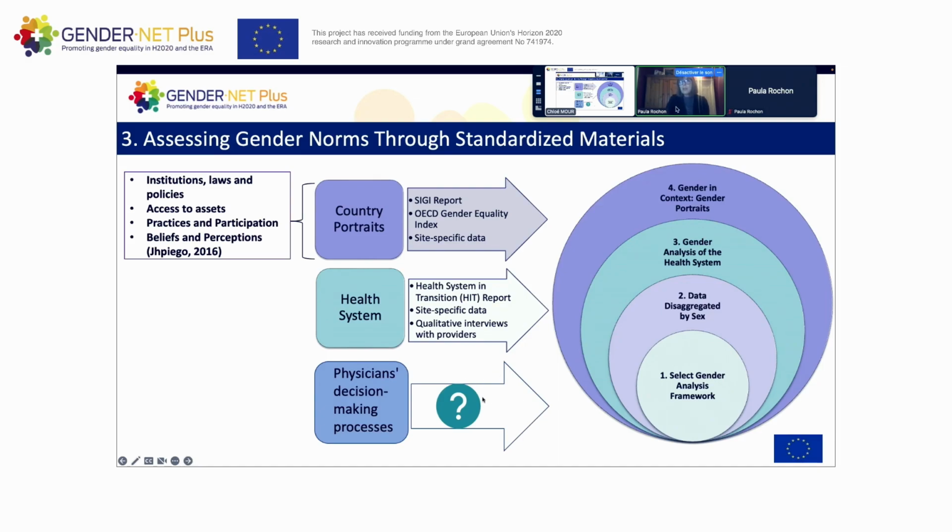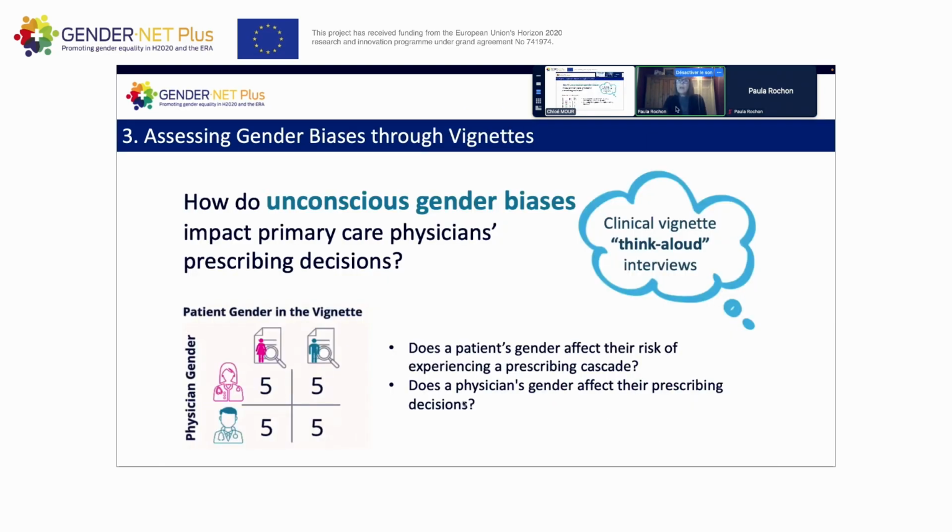But a piece that we saw that was missing was physicians' decision-making process. So we went on to look at how potentially unconscious gender biases impact physicians' prescribing decisions. This was a very interesting project that's still underway, where we've brought together different countries. So again, Canada, we have Ireland involved, as well as Italy, all collecting data.